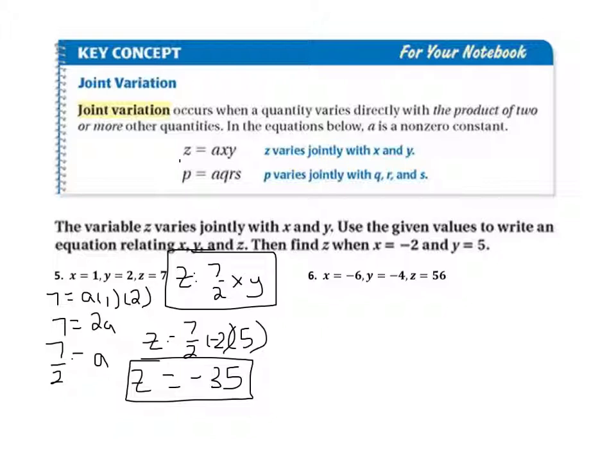So let's try this again. 56 equals a times negative 6 times negative 4. I'm just filling in to this equation. 56 equals 24a. Divide by 24.